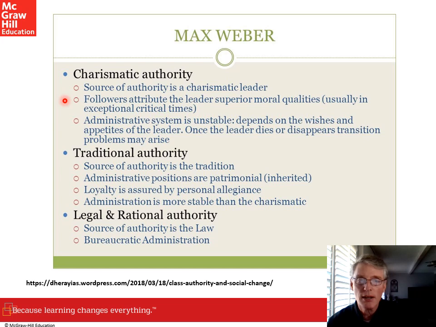So when we talked about French and Raven, we talked about expert power and referent power as the personal powers, and legitimate, reward, and coercive as the position powers. Charismatic authority is the realm of personal power. We'll come back to it. So that's Max Weber. He gave us these three different forms of authority.